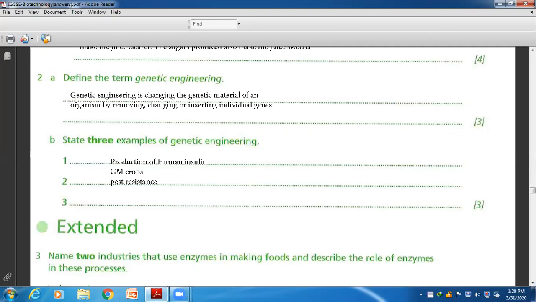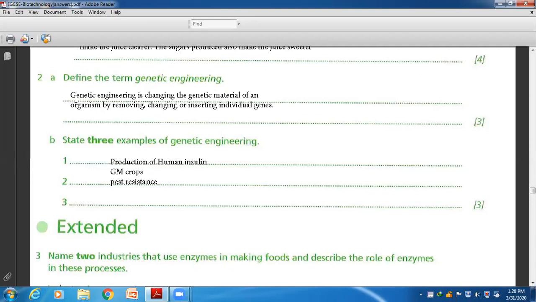Certain crops we can make so that we insert our gene of interest in them, and they will produce the product in which we are interested. Like vitamin A enriched rice, they put in the specific gene, and that gene produces vitamin A. So we can do it with genetically modified crops.